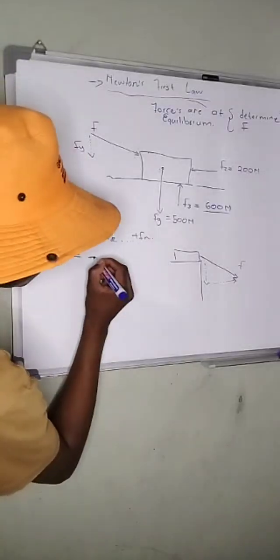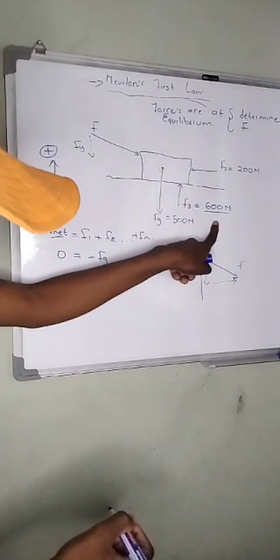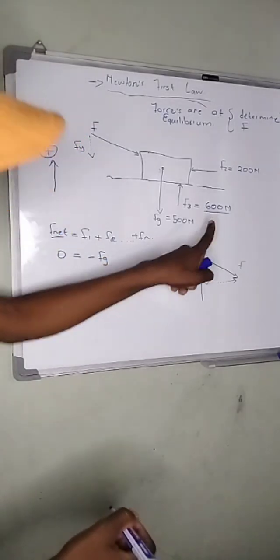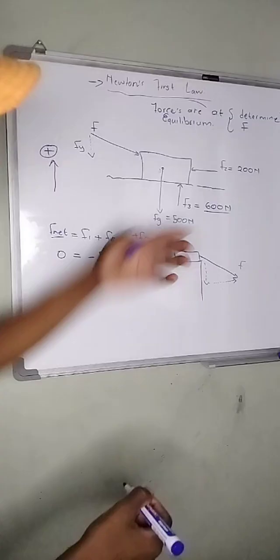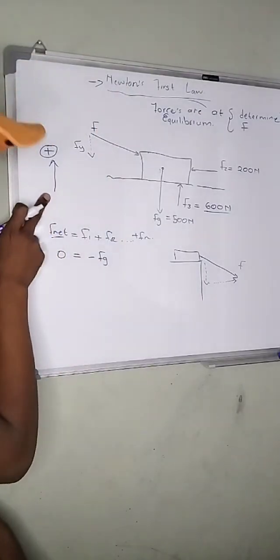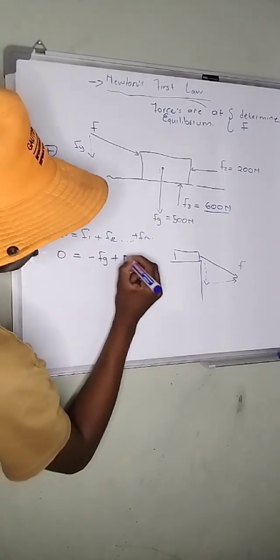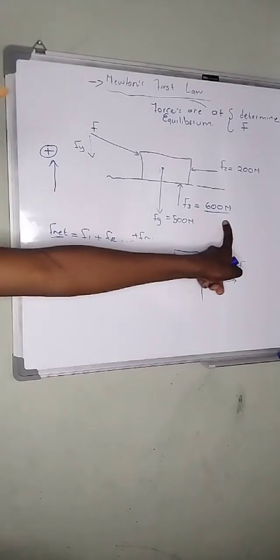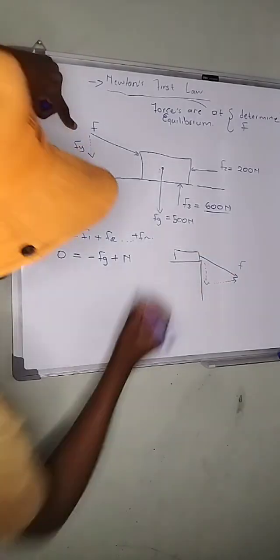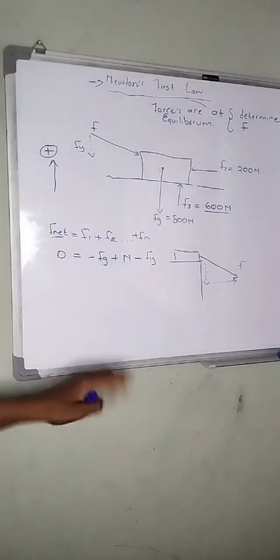It means my Fg is going to be negative, and my normal force is going to be positive because it's pointing in the same direction as that one. So I'm going to say normal is positive, and Fy is going to be negative.